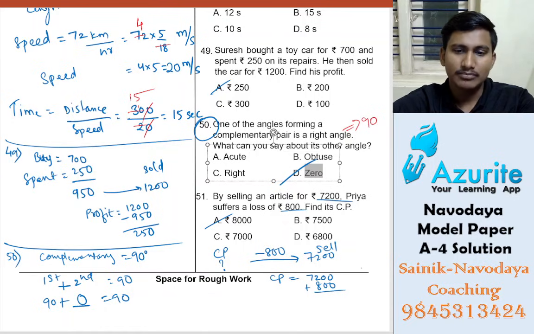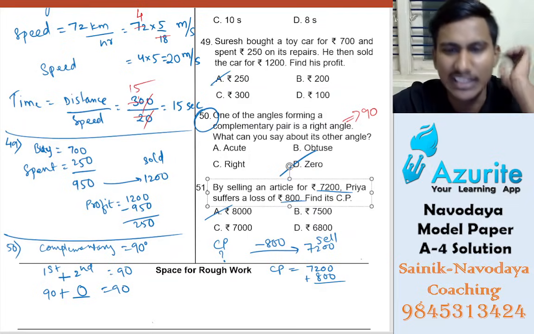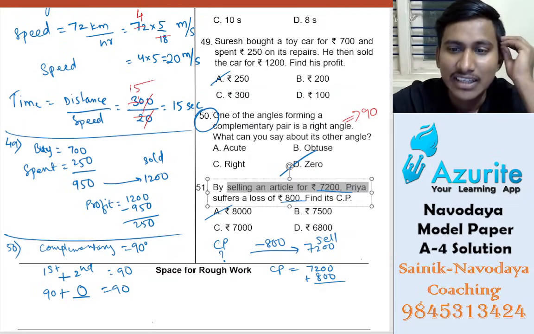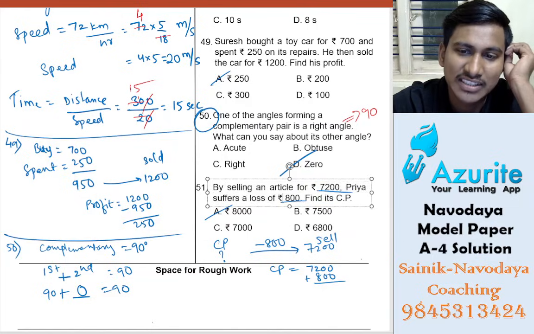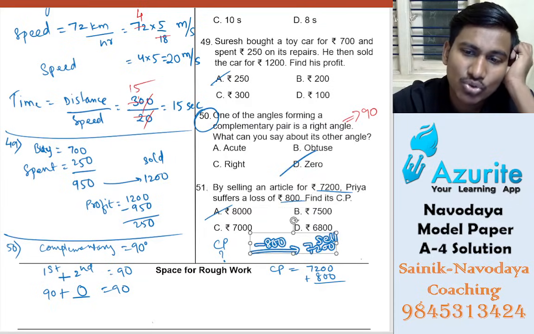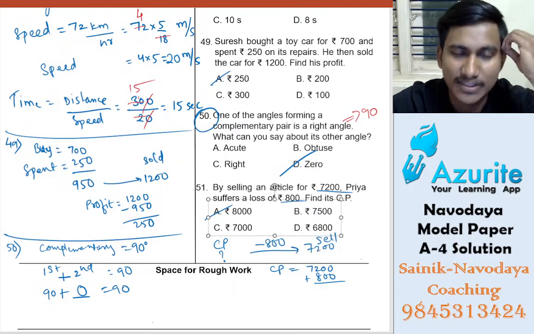Okay. So now 51 question is also the same, that is profit and loss. By selling an article for 7,200, Priya suffers a loss of 800. Find the cost price. CP means cost price. She sold for 7,200 and the loss is 800 rupees.